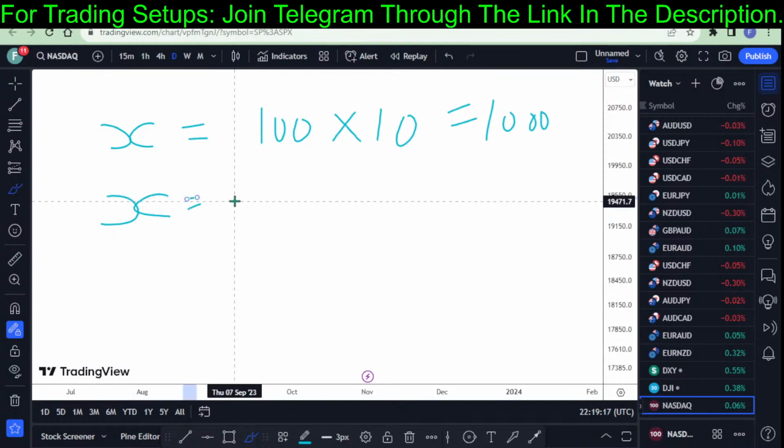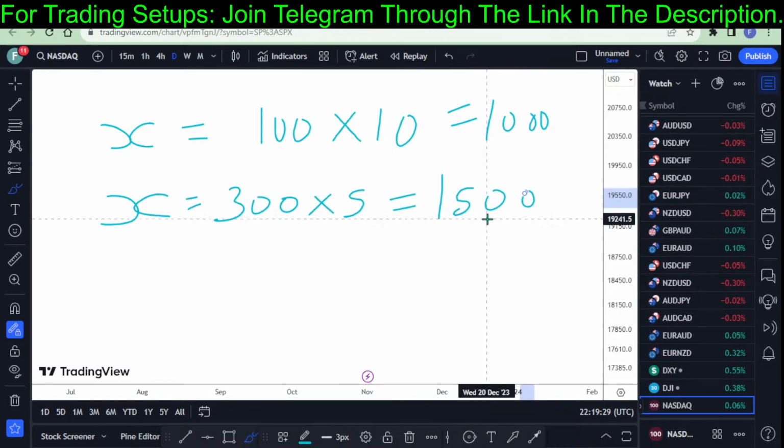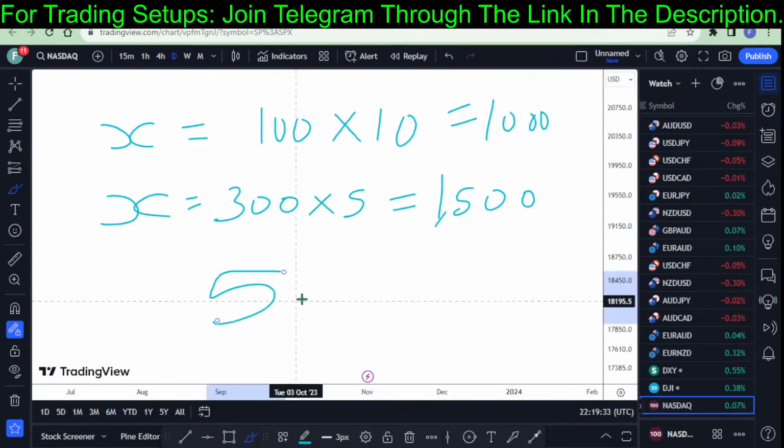And then on each of your winning trades you make about $300, and you have 5 winning trades. Multiply that and it gives you $1,500. So if you take $1,500 minus your loss of $1,000, that means you have a profit of $500. That is how you can become a profitable trader.